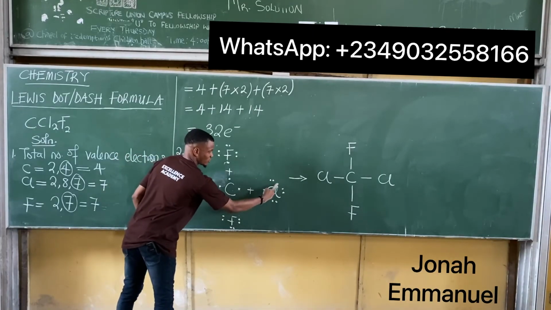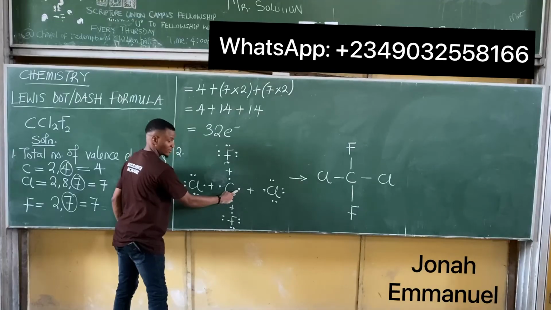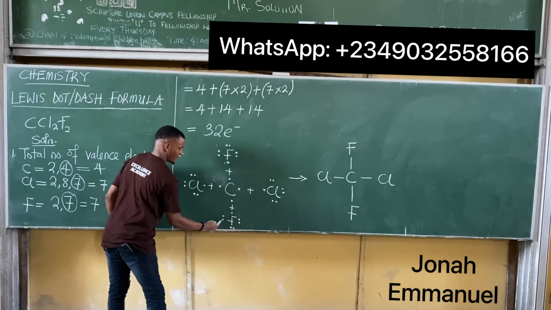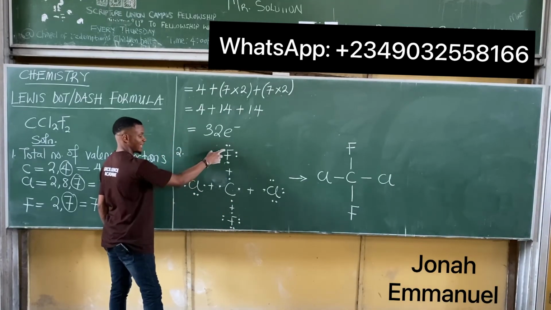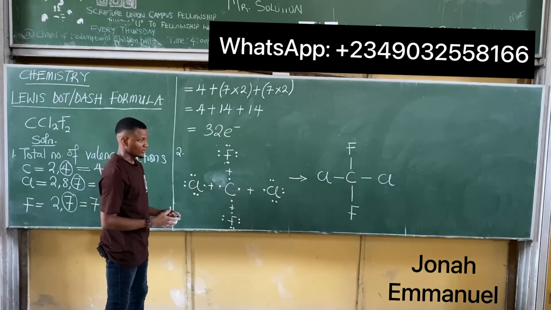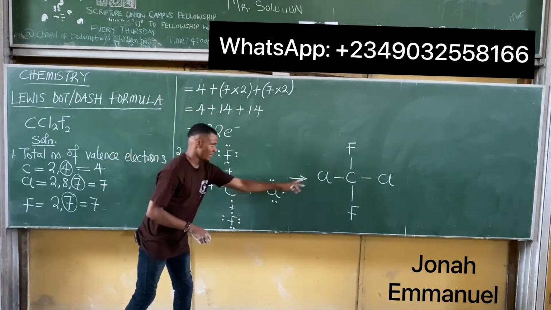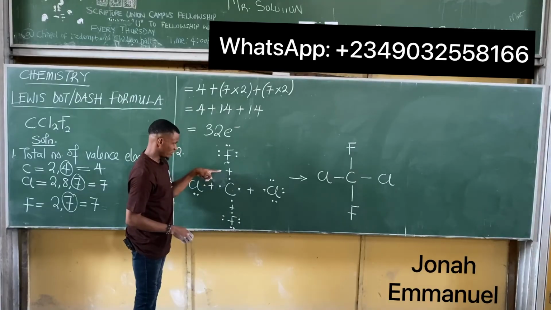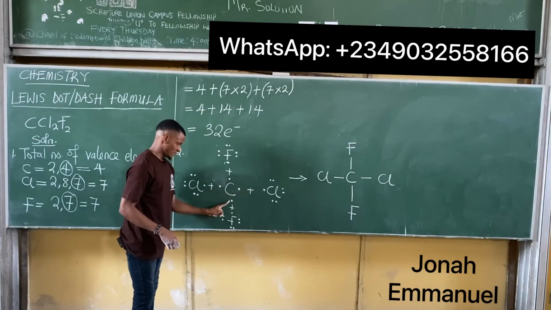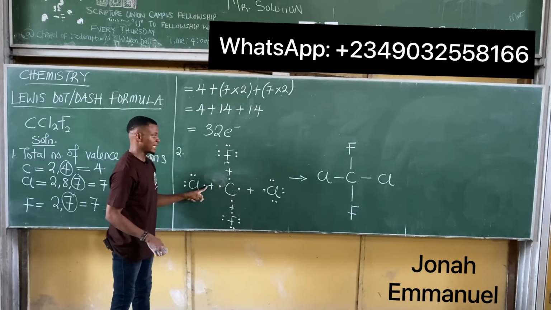Chlorine becomes 1 to 8, fluorine the same thing, 1 to 8, and the same with carbon, they all combine to give you an octet. So I can now proceed. After getting the bonding pairs, impute their lone pairs.